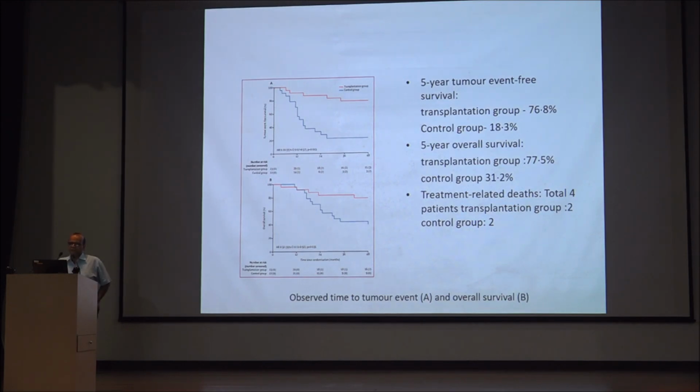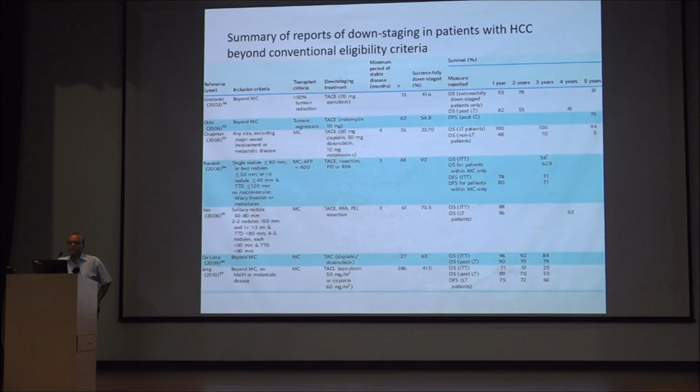But the treatment-related deaths are almost similar: 2 patients in the transplantation group and 2 patients in the control group each expired. So the message I got from this study is, if you successfully downstage, make every attempt that the patient can go for transplant, because even after successful downstaging, if the patient doesn't go, it definitely affects survival significantly.